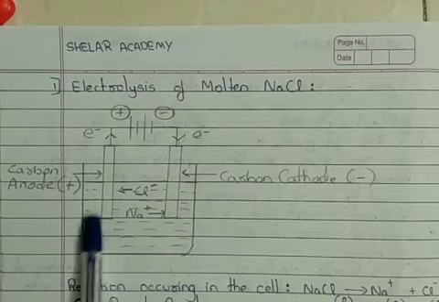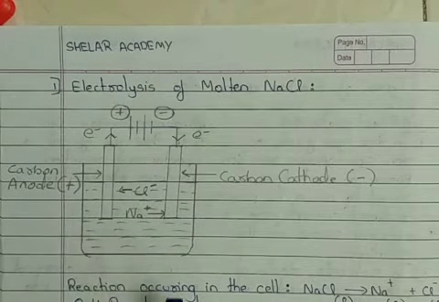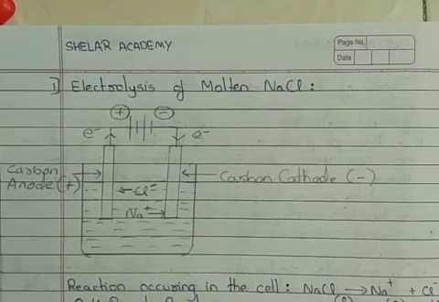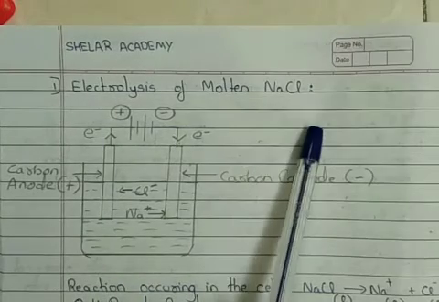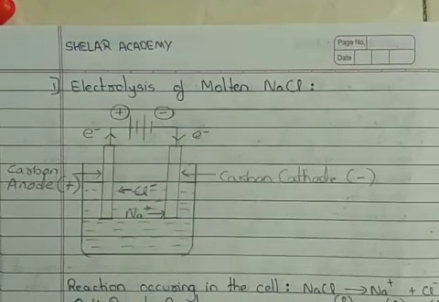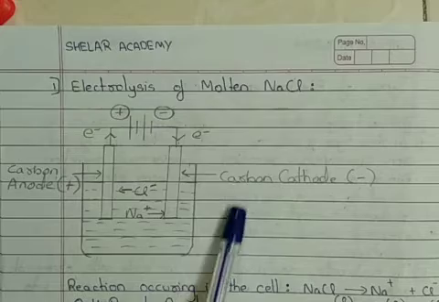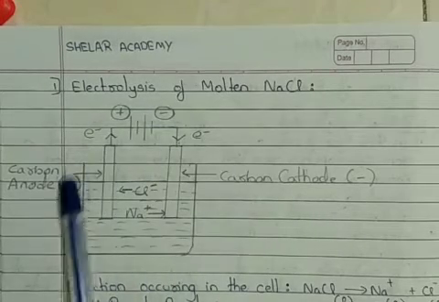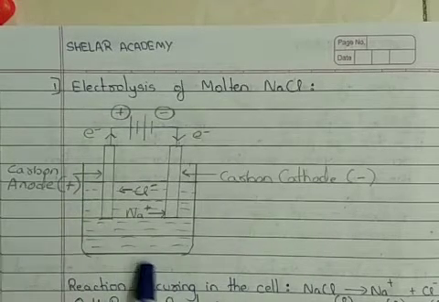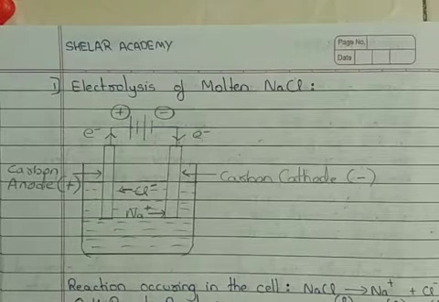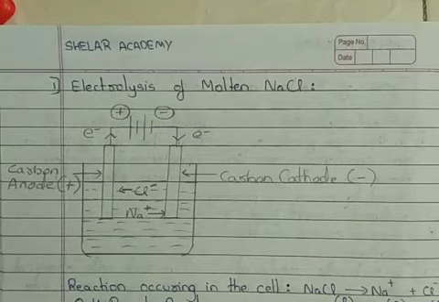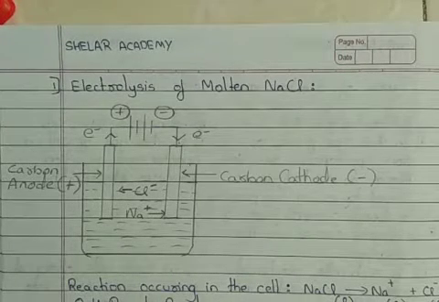Whenever the question comes in an exam to explain electrolysis of molten NaCl or electrolysis of any molten electrolyte, the first and foremost important thing is to draw the diagram properly. If your diagram is not drawn properly, irrespective of how well you have written the explanation, it will have no value.